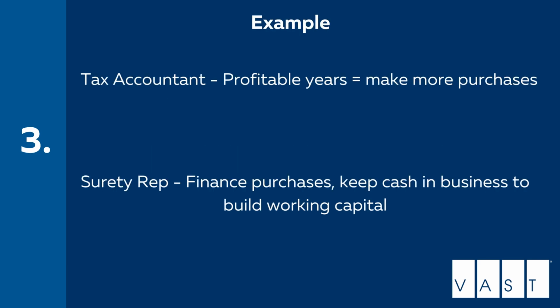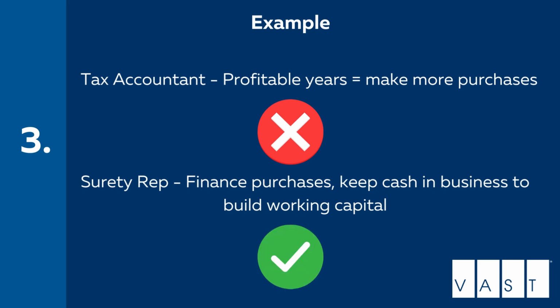Your tax accountant would suggest on a profitable year to buy a new truck, to buy more equipment, when a surety representative would suggest you finance the truck, you finance the equipment, and keep the cash in the business to build up your working capital.